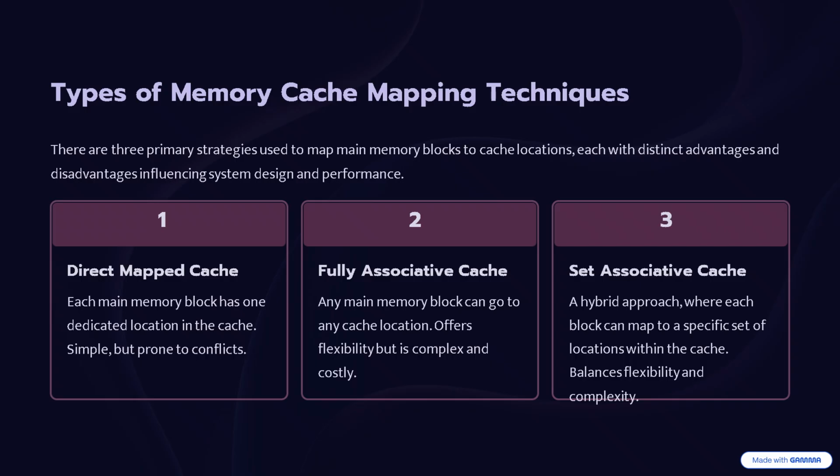With this technique, the cache is divided into sets, and the data is stored in any available slot in a specific set. Moving on, I'm going to further explain the direct mapped cache and the fully associative cache in my next slides.